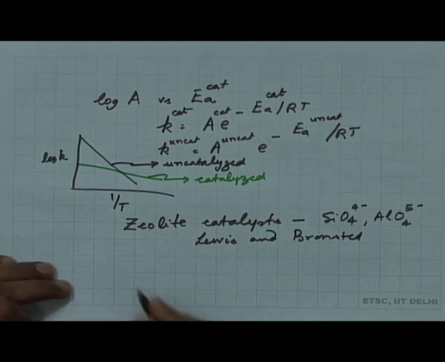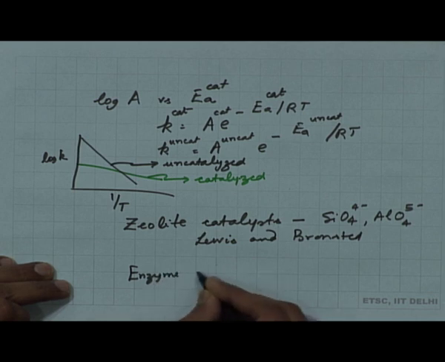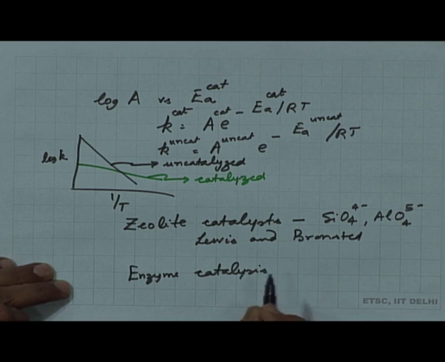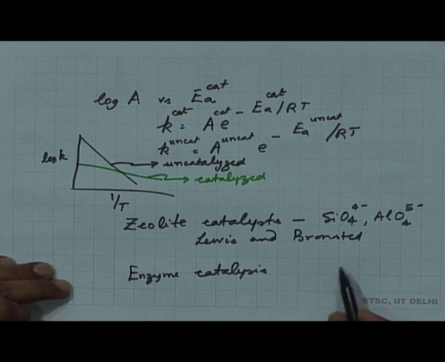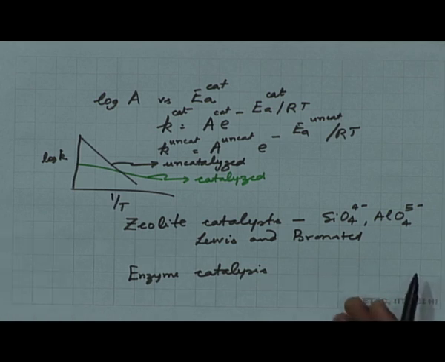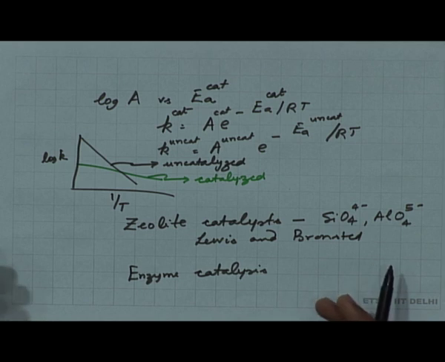And the last thing that we considered was enzyme catalysis. And we talked about how efficient enzymes are in catalyzing reactions. You can do it in water, but unfortunately the temperature range over which you can use enzymes for catalyzing reactions is limited.